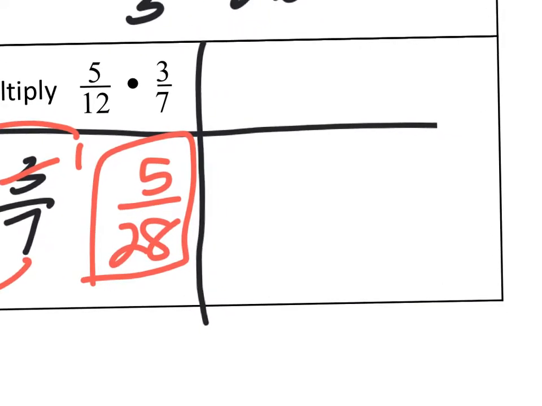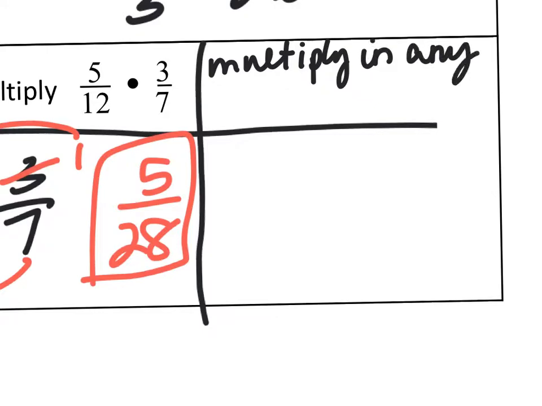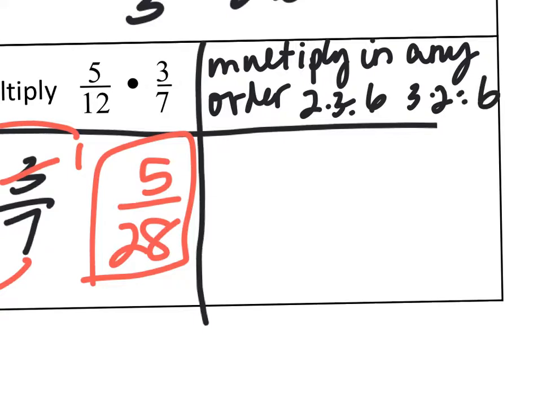And I want you to remember that you can multiply numbers in any order. It doesn't matter, right? So 2 times 3 equals 6. 3 times 2 equals 6, right? It doesn't matter what order we multiply that in. So remembering that, I can actually make one big fraction out of all of this if I wanted to.